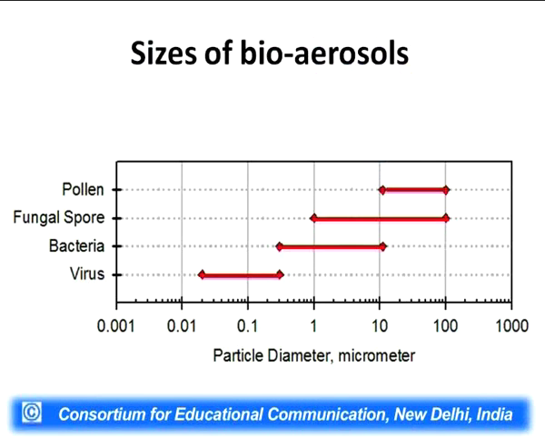Now, as far as the sizes of bioaerosols are concerned, I earlier said that the smallest could be a few nanometers up to a few microns. In fact, the size of particles varies from 0.001 micrometer up to 1000 micrometers, and they include viruses, bacteria, fungal spores and pollen.